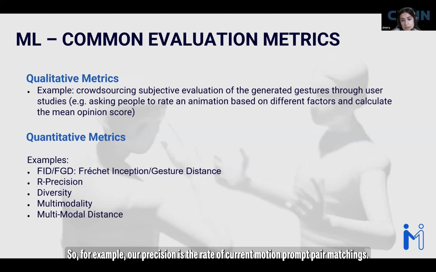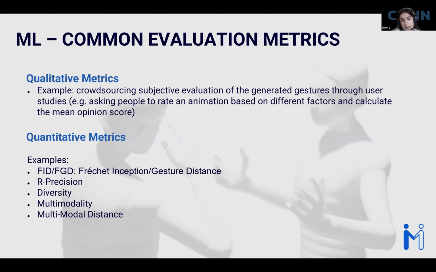So for example, R-precision is the rate of correct motion-prompt pair matchings. Also, diversity measures how many different poses or motions have been generated within a long motion. In other words, it measures the variance of generated motion in the latent space. And multimodality estimates the variance for a single prompt.